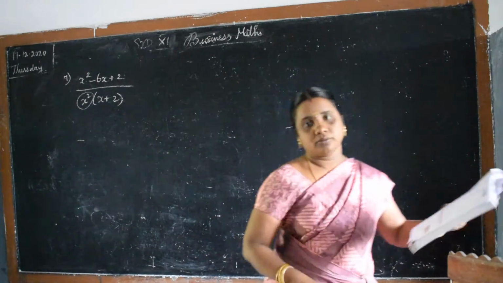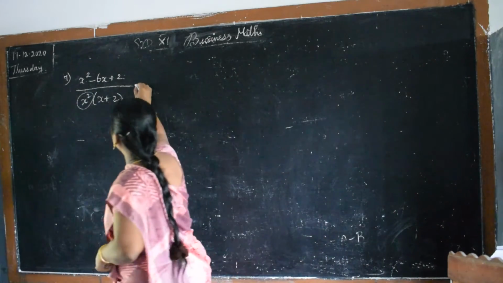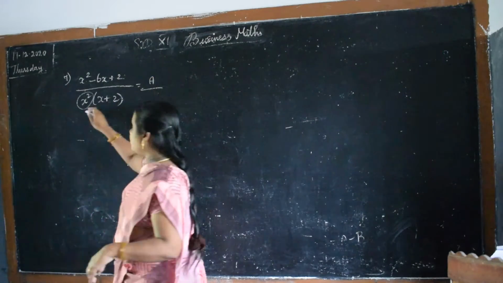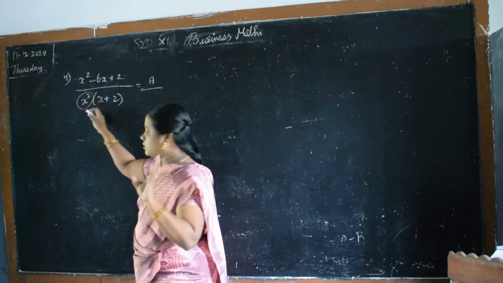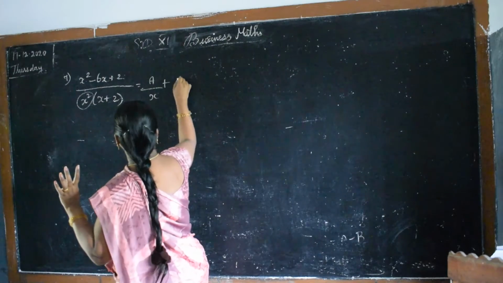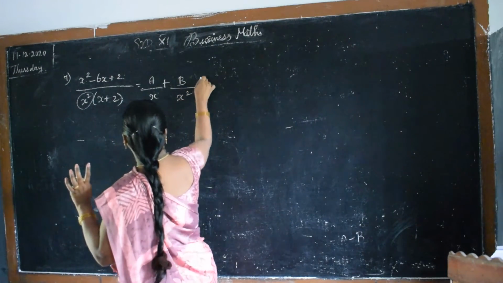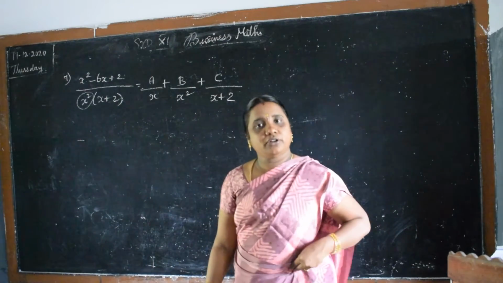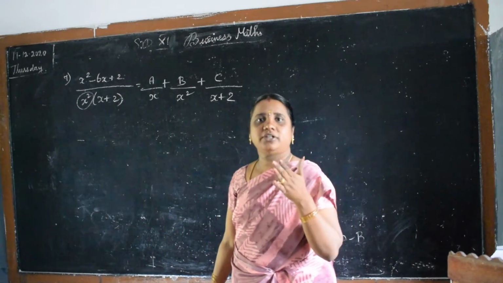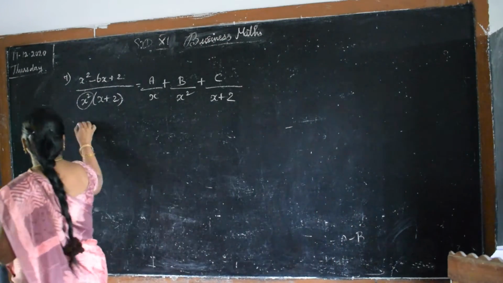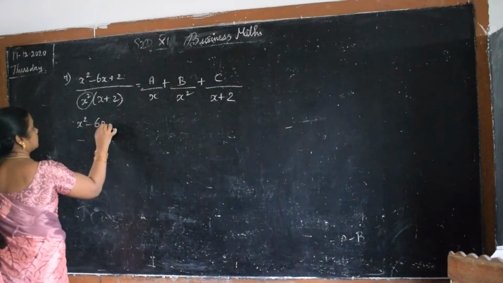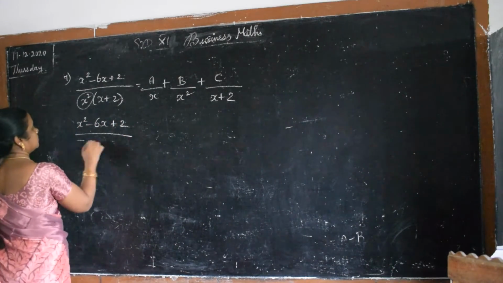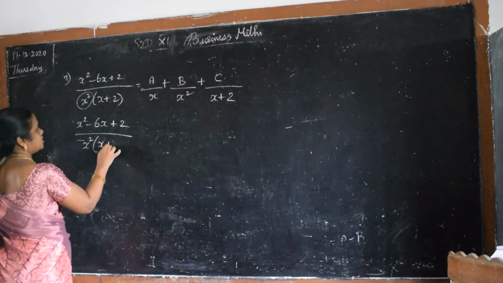What you have to do? Split it. a by, what is the least power of x? 1. So a by x plus b by x square plus c by (x plus 2). Next step is you have to take the LCM for this: x square into (x plus 2).